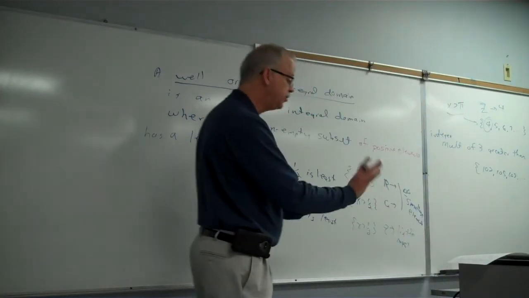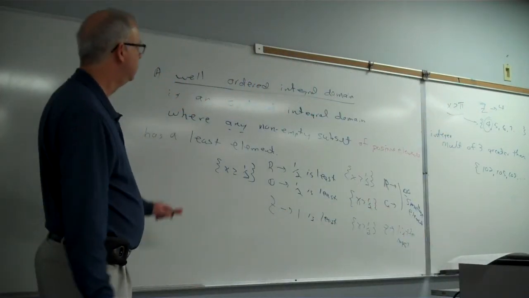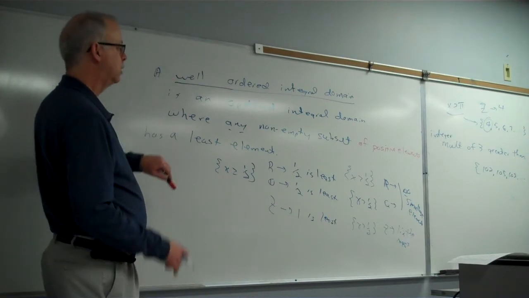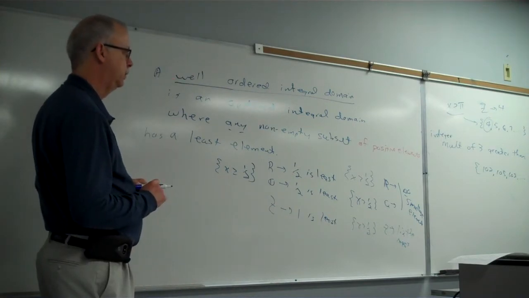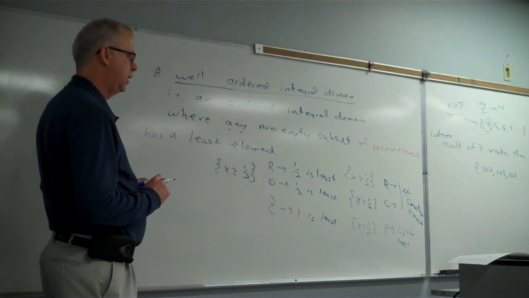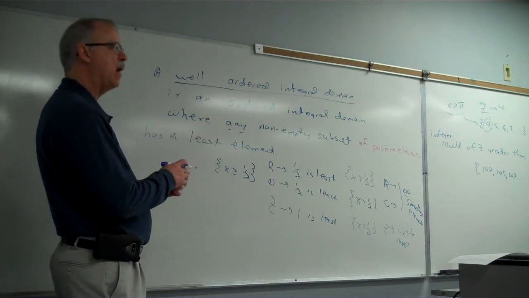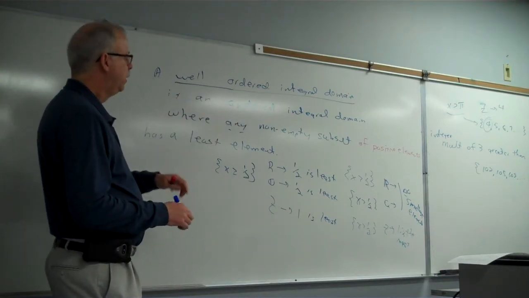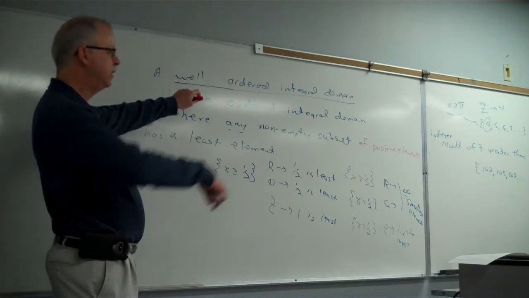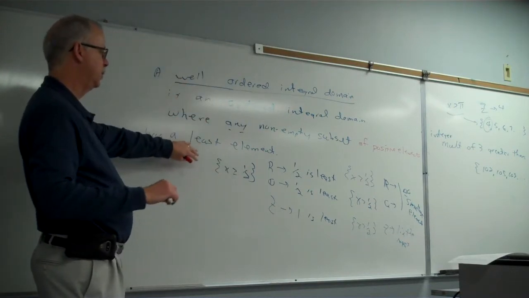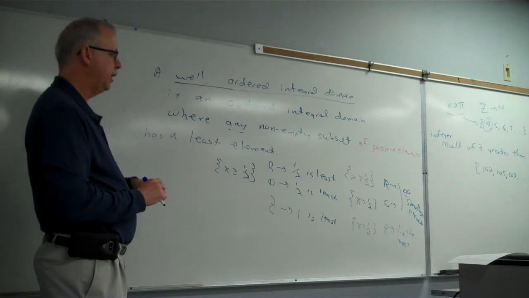So it turns out the integers is the only well-ordered integral domain, up to isomorphism. If you had another one that was well-ordered, you could just map 1 to whatever the smallest positive element is in that integral domain.